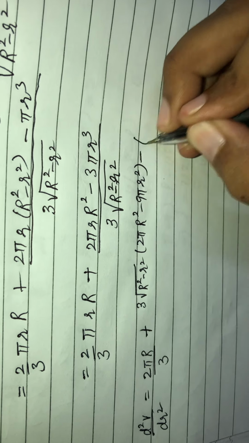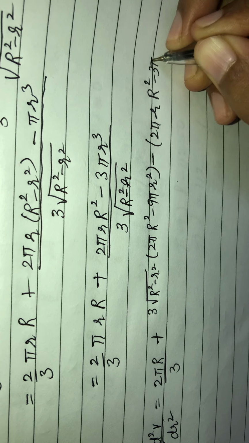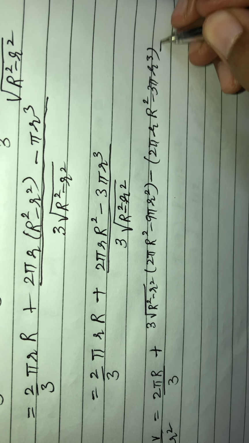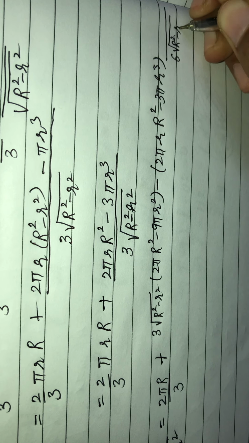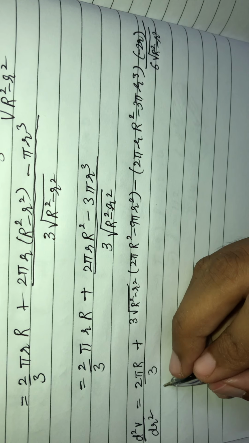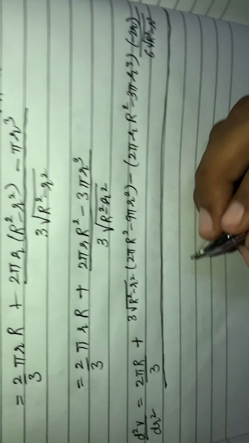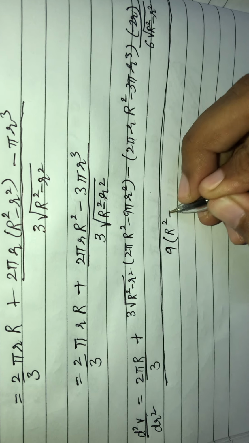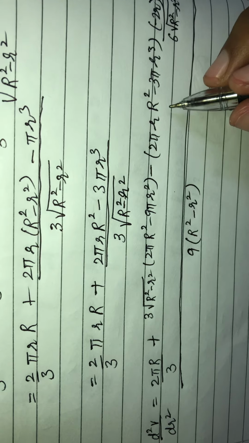So calculation you need to take care. 2 pi R square minus 3 pi r cube times 1 upon that, 6 root R square minus r square, and this will become minus 2r. After that, upon square will be 9 into R square minus r square. Okay, take the LCM of the numerator.